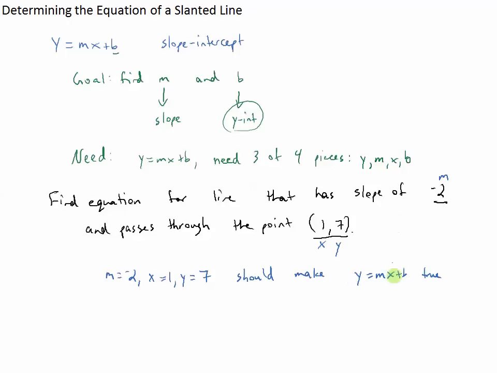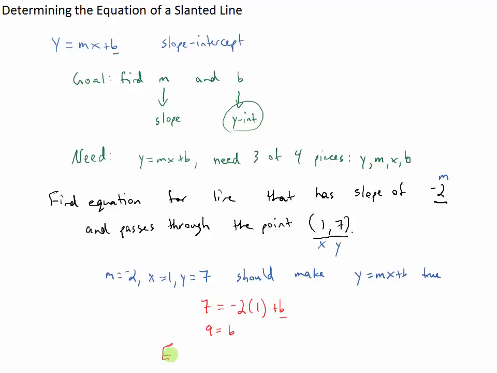So we plug those values into the equation, and that gives us 7 equals -2 times 1 plus b. And if this is going to be true, then I can solve this equation for the only remaining unknown, b. So -2 times 1 is -2. So I'll add 2, and I'll see that 9 is b.